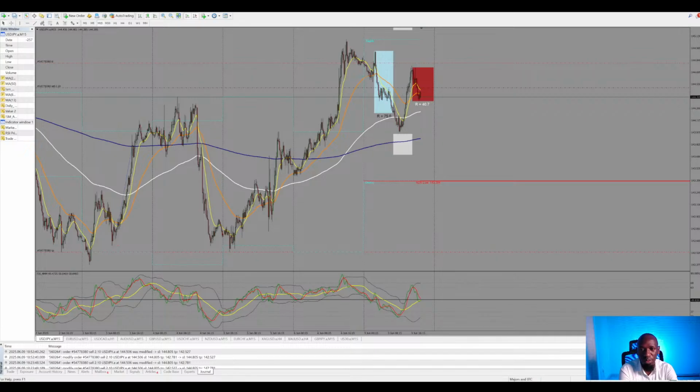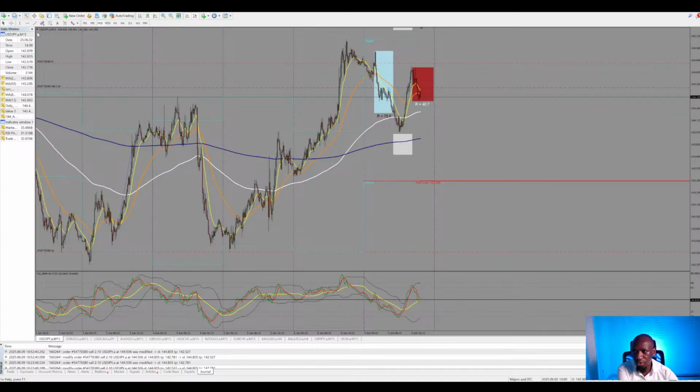So what's the bias for the session or for the day? This is very important because you want to avoid going counter trend as much as possible. If the market is showing a buy and you decide to take a sell position, that's what we call a counter trend trade. So you want to avoid that.